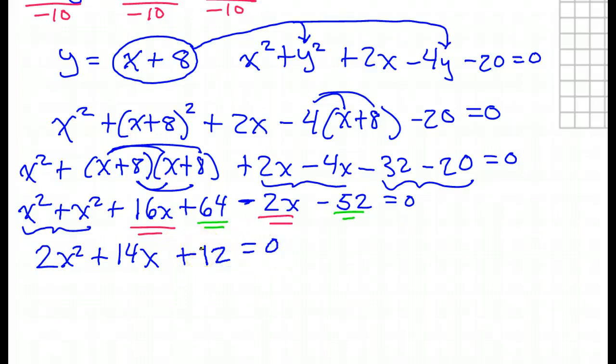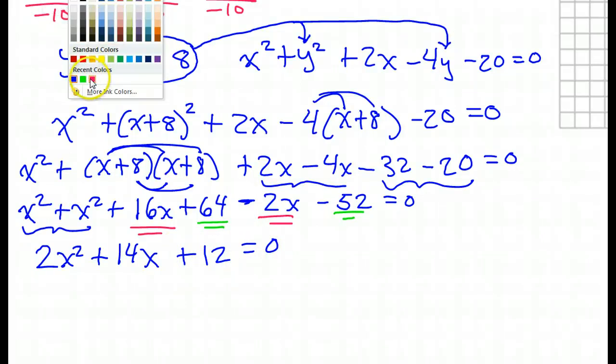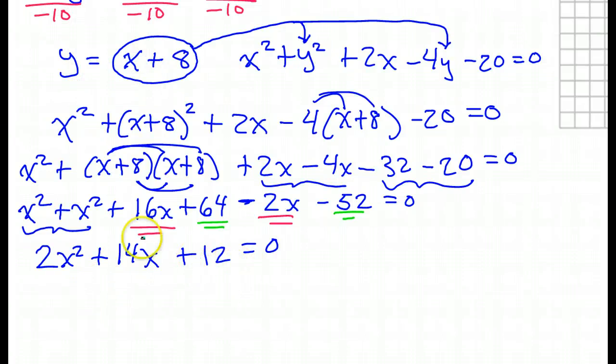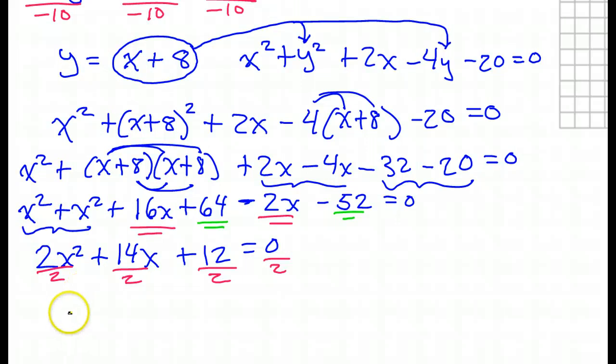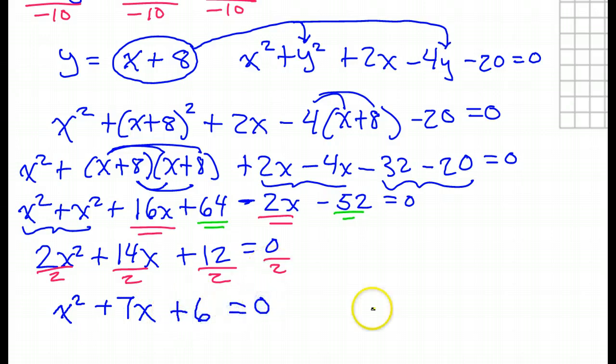Equals 0. Now, before I think about factoring or using the quadratic formula, I notice that there is a common factor here. So let's go ahead and just divide everything by 2. All right, we don't have to keep it off to the side like we used to because it's an equation. So this will be x squared plus 7x plus 6 equals 0.